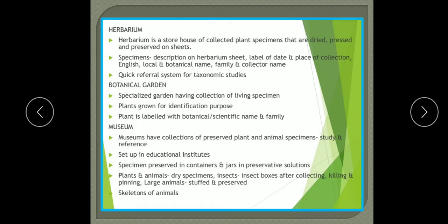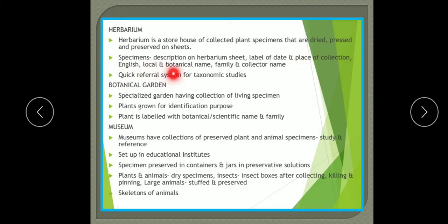These herbarium sheets carry all the information about the specimens. The description of the specimen is written on the herbarium sheet, along with a label of the date and place of collection, that is, the place from where the species of the plant is collected.